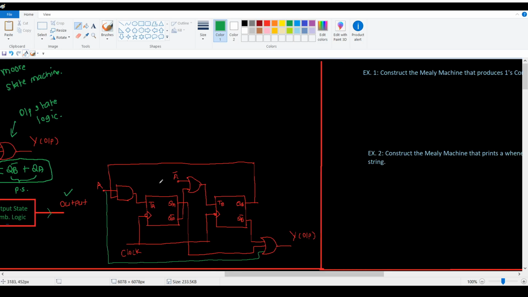This logical diagram is an example of Mealy state machine. It is like the previous one only. Here we have connected the A input to this output combinational logic, right?